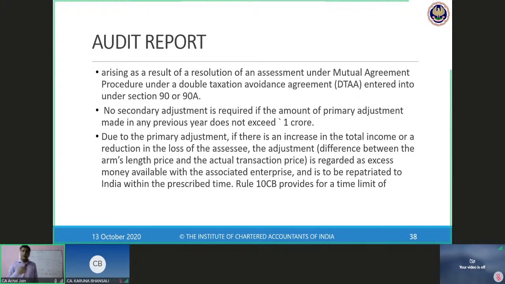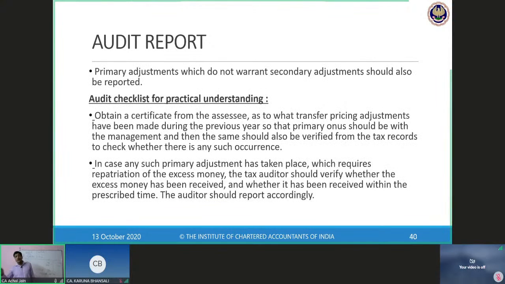So now what is required to be done by us? See, we are the auditors. So that's why we need to get to the audit procedures around it. So let's understand the audit procedures around it. Obtain a certificate from the assessee as to what transfer pricing adjustments have been made during the previous year, so that primary ownership should be with the management, and then the same should be verified from the tax records, whether there is any such occurrence or not.